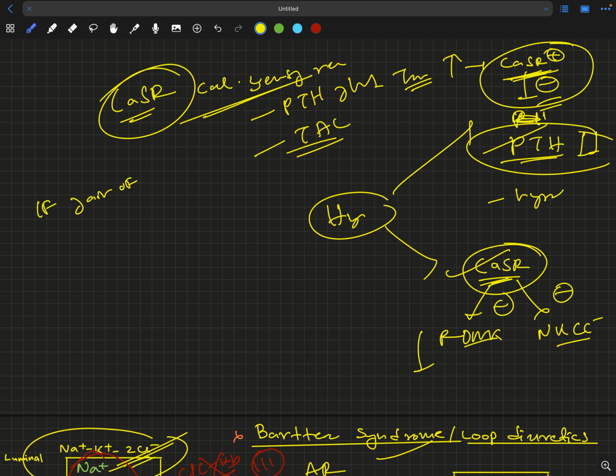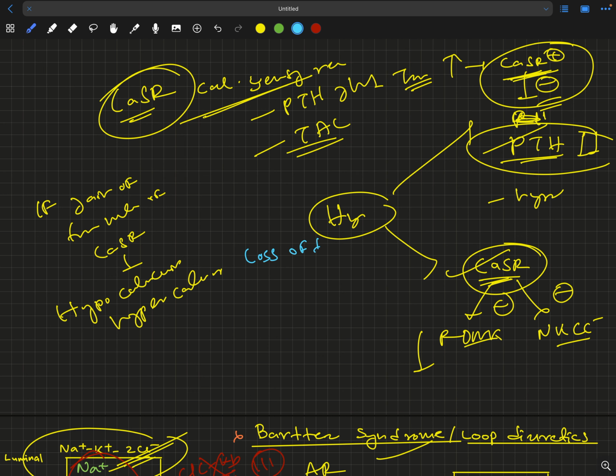So if gain of function mutation of CaSR, that will lead to hypocalcemia and hypercalciuria. Okay, so there will be decreased PTH secretion, decreased renal calcium reabsorption, and more calcium is lost in urine. That will lead to hypocalcemia and hypercalciuria.